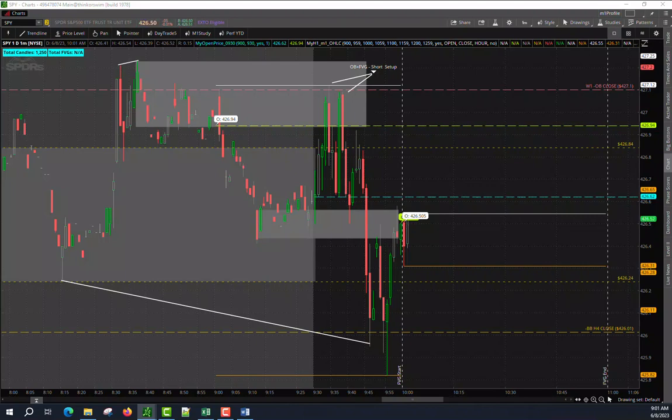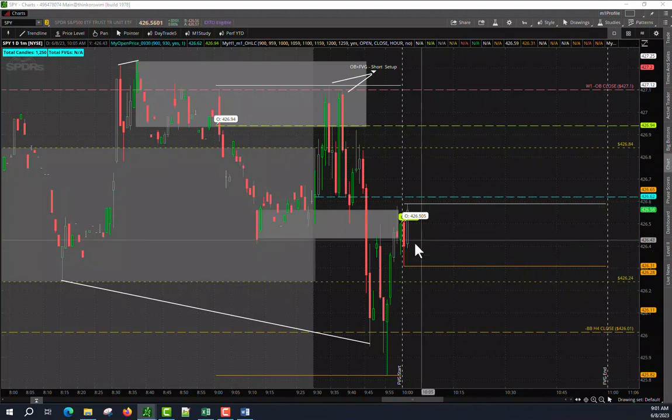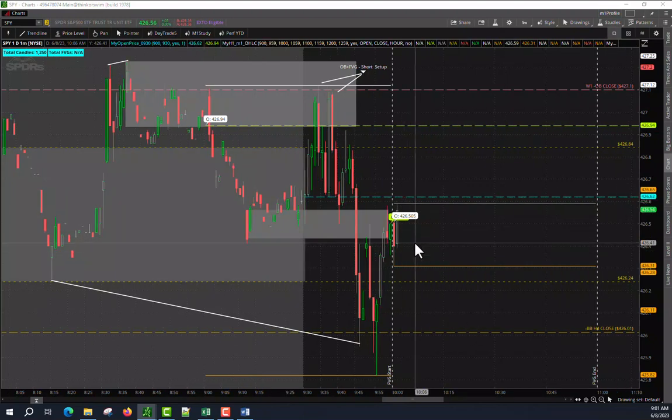Yeah, let's see. A little bit tricky right here to see where the price is gonna go, or where the draw on liquidity is.